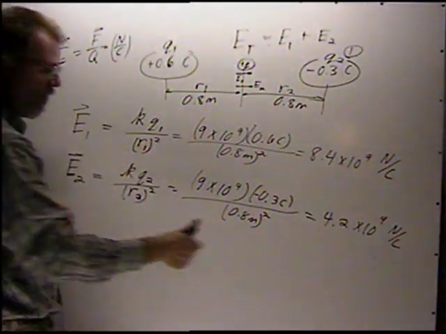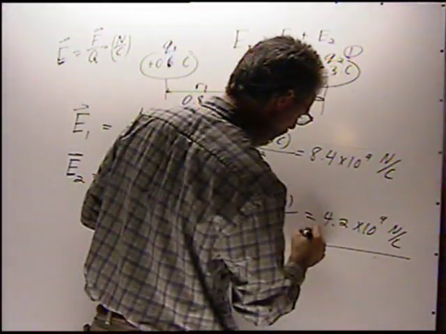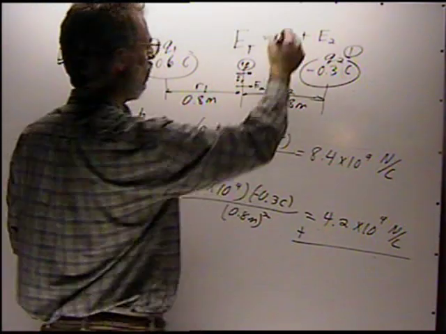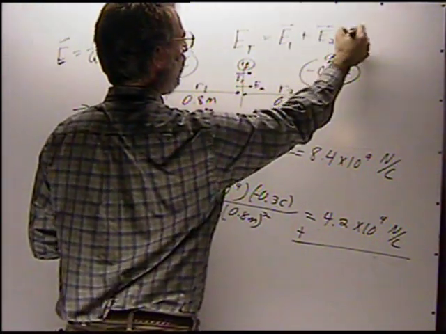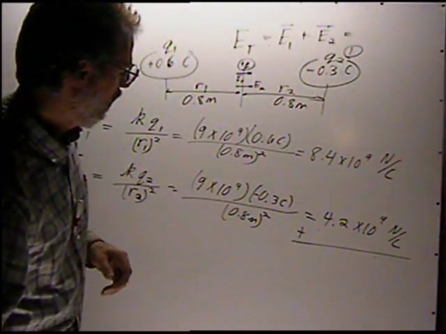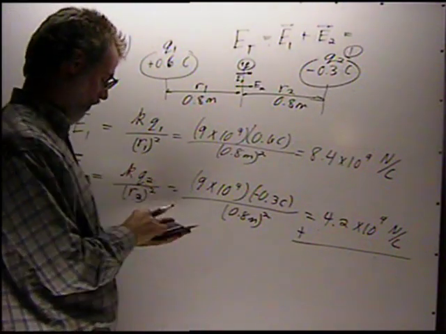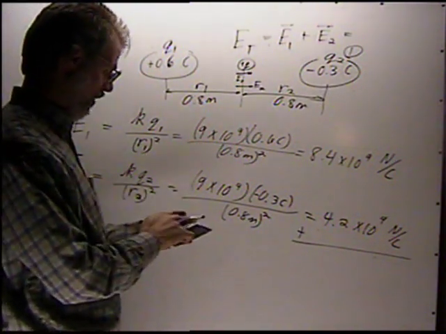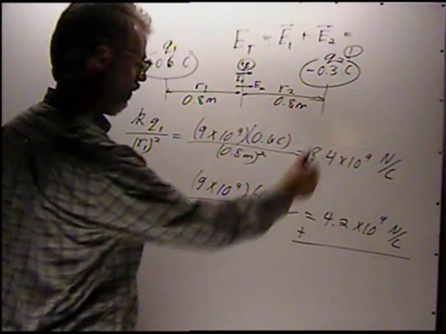They're both going in the same direction, so we simply add them up. E1 plus E2, they're both going to the right. So the sum of them is simply, we'll simply add them here.